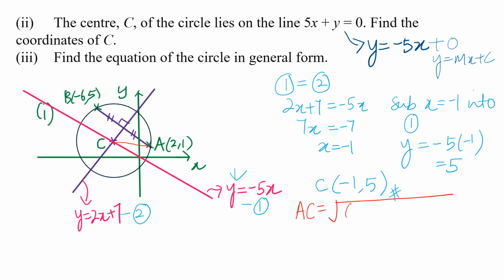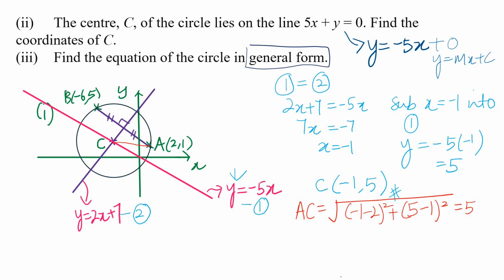So that will be (negative 1 minus 2) squared plus (5 minus 1) squared, and using a calculator, that will give us 5. We're going to substitute that into the standard form first, then we expand it to get the general form.